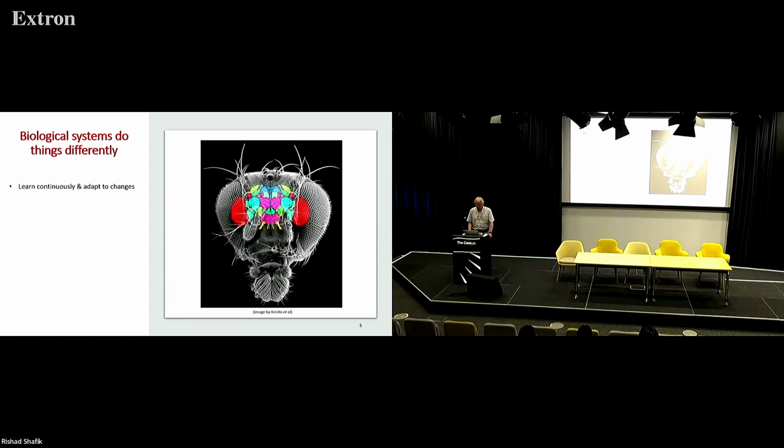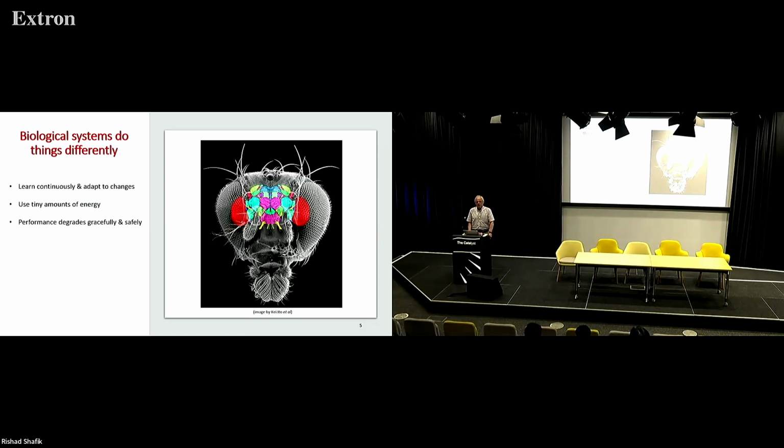So they're not learn once, then operate forever systems. They're adaptive systems. They're, of course, extremely energy efficient to a degree which we very much struggle to come close to with our current computing systems and technology. And when things do go wrong, they tend to degrade gracefully.